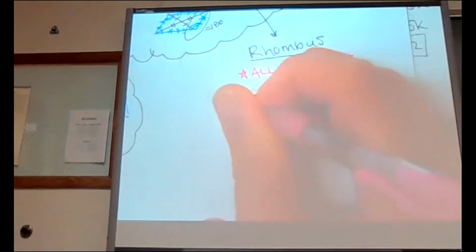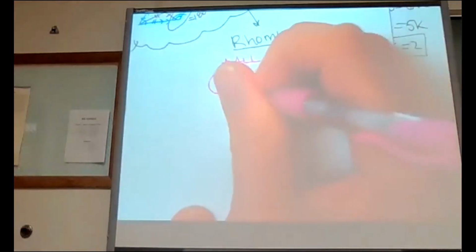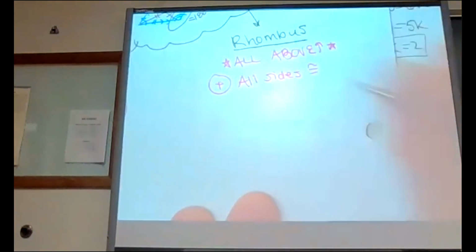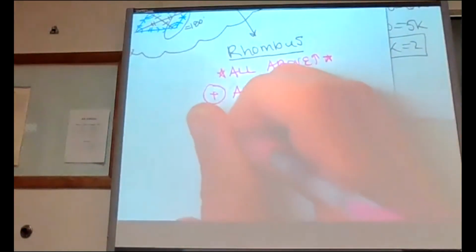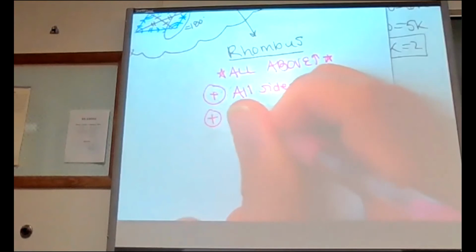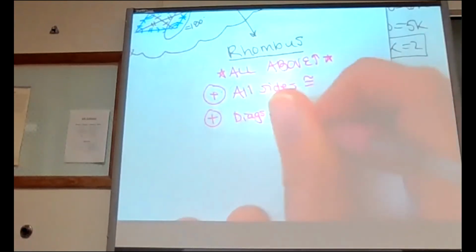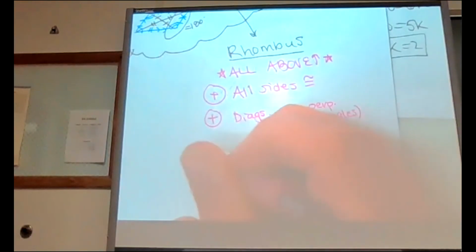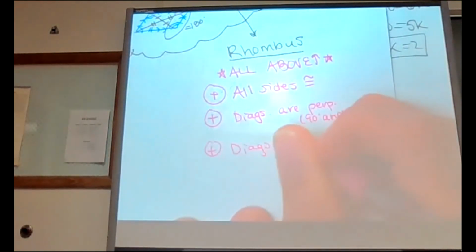Everything up above, plus all sides congruent, plus the diagonals are perpendicular, which means 90-degree angles, plus the diagonals bisect the angles.